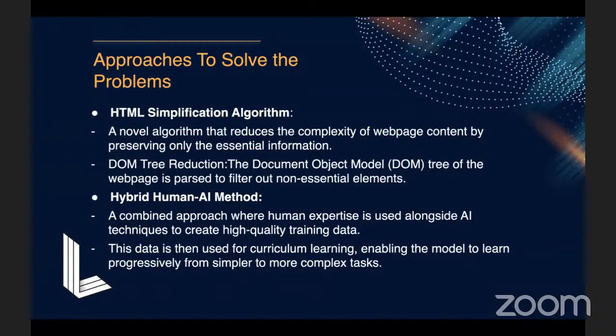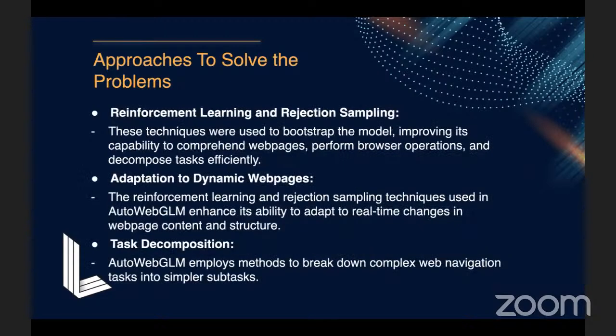We can also say it uses reinforcement learning, because we know there are algorithms like proximal policy optimization and soft actor critic, and some more reinforcement learning algorithms, which enable the model to learn from its own mistakes during training.